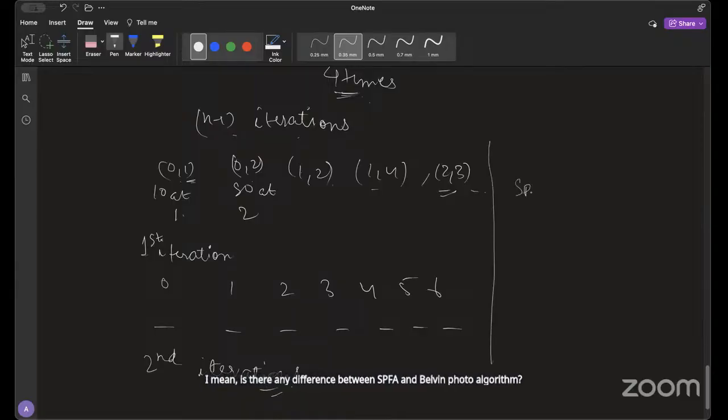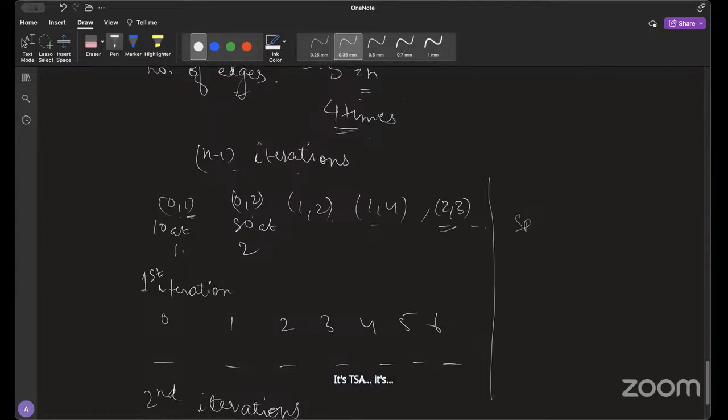The one that you're talking about, the Shortest Path Faster Algorithm, is in the Floyd-Warshall method, and that's obviously different from this one, which is the Bellman-Ford algorithm.